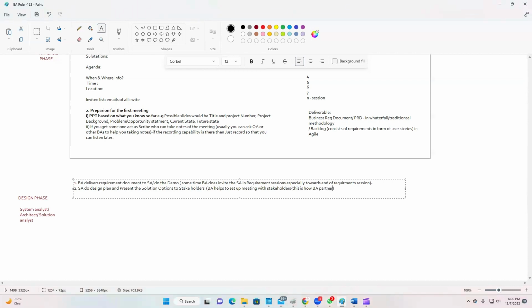Then the stakeholders choose the solution, the SA starts working on the detailed solution documentation, and the SA prepares the solution document.